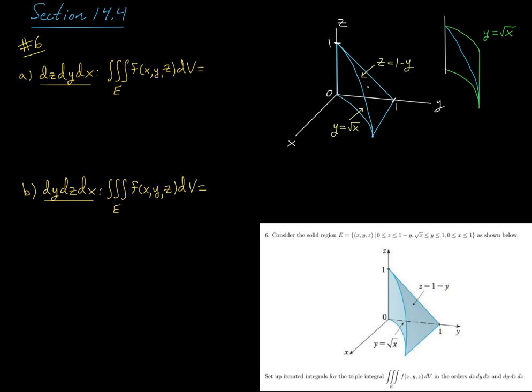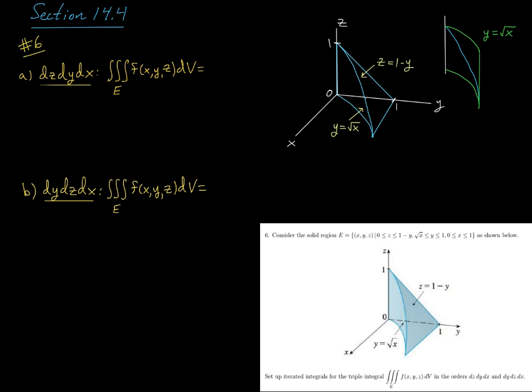Okay, great. So now let's set up the triple integral as an iterated integral in the order dz dy dx. So we're going to let z vary first, and then think about x and y as being fixed. And let's first, before we set up the bounds for z, think about the region in which x and y will be allowed to vary.